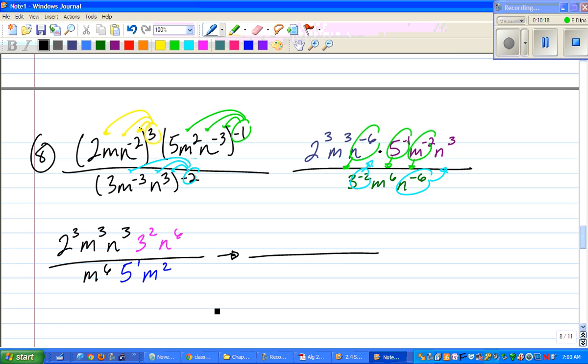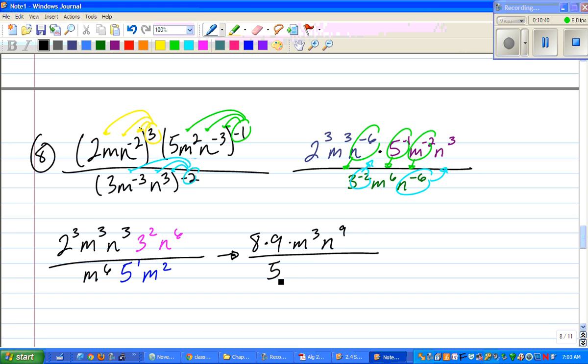So let's go ahead and start simplifying this. 2 to the 3rd is 8. 3 squared is 9. On the top, I still have m to the 3rd power, and then n to the 9th.